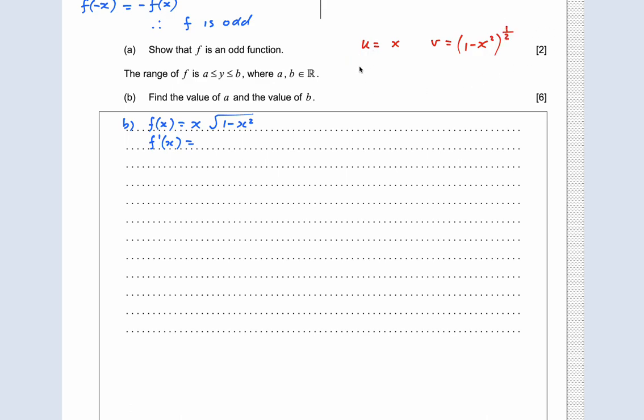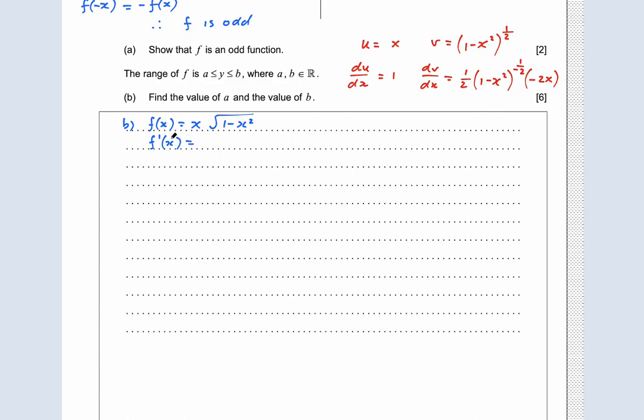The derivative, du dx, is then just going to be 1, and dv dx is going to be a half times 1 minus x squared to the power of negative a half. I subtract 1 from the power, so multiply by the power, subtract 1 from the power, and then using the chain rule, multiply by the derivative of what's inside the bracket. Now this is actually the bit that loads of my students got wrong. They forgot to multiply by this minus 2x. So just be very, very careful.